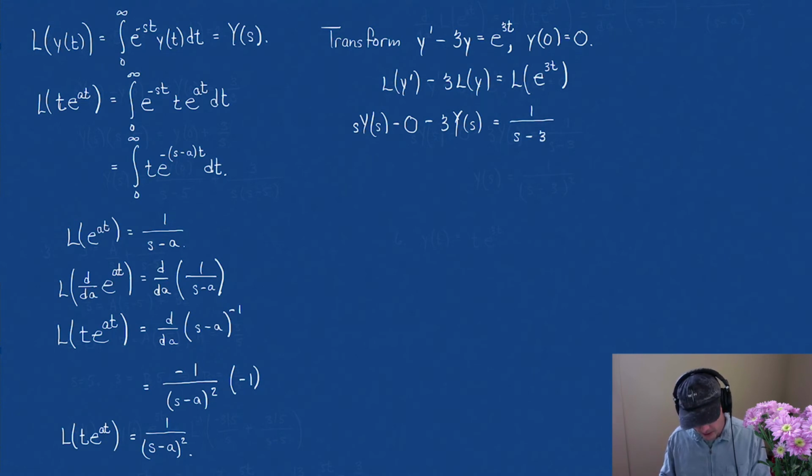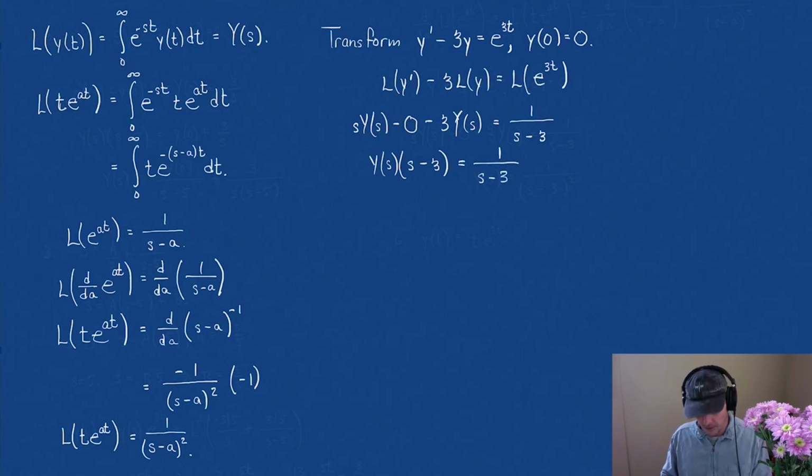Let's factor Y of s. So Y of s times s minus 3 equals 1 over s minus 3. Let's solve for Y of s. I'm going to divide both sides by s minus 3, so I pick up 1 over s minus 3 squared.